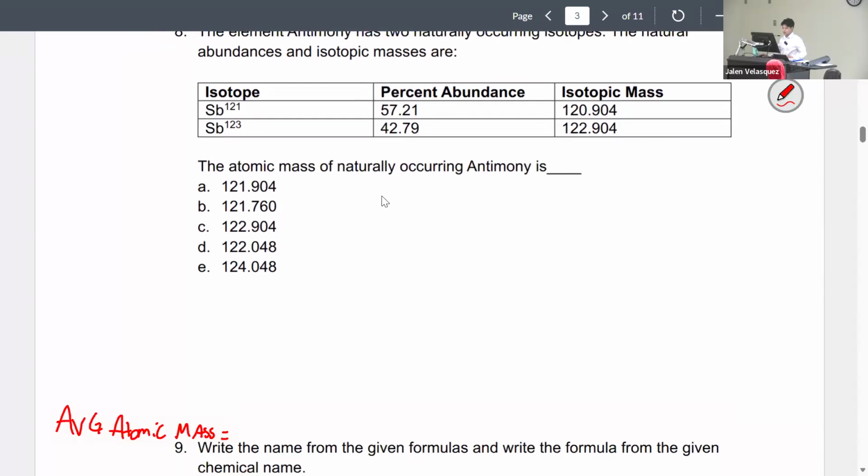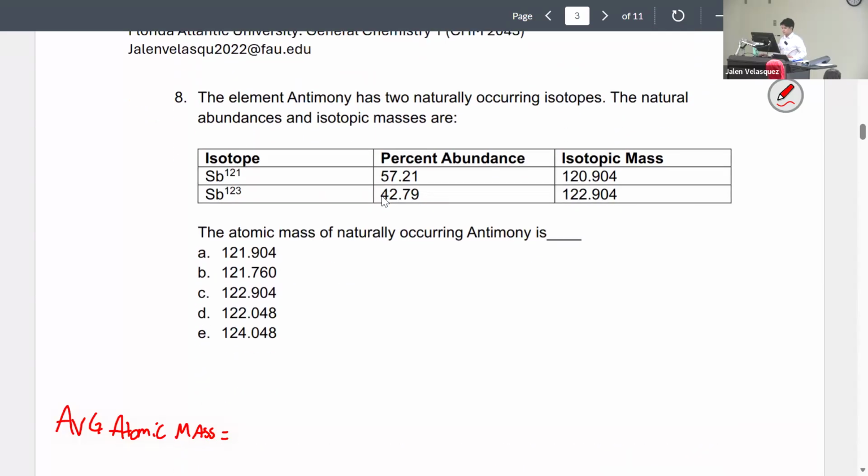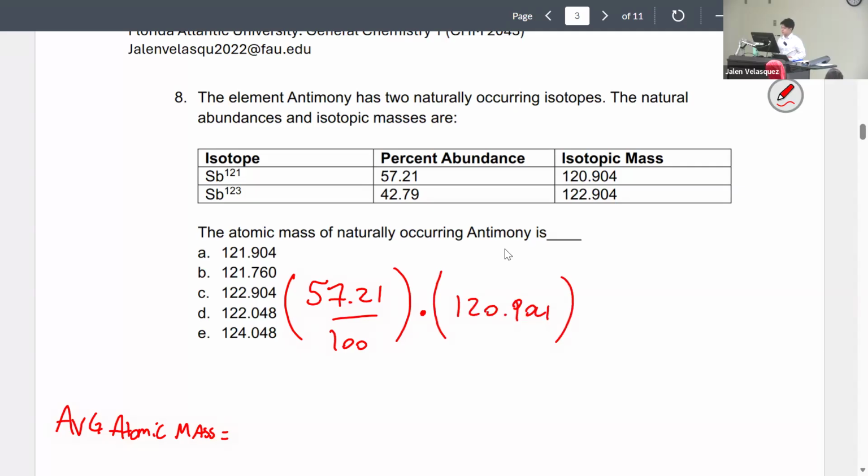So, let me write it up here. What's my first percent abundance? 57.21 over 100, right? So in other words, you're just changing this percentage into a decimal. And what's the mass of my first isotope? 120.904.